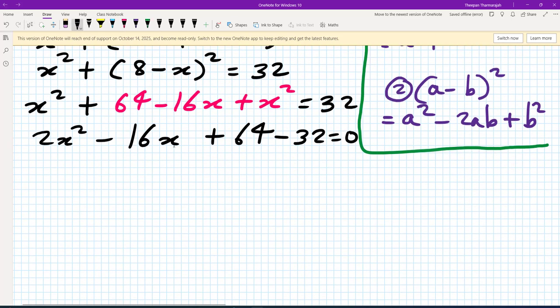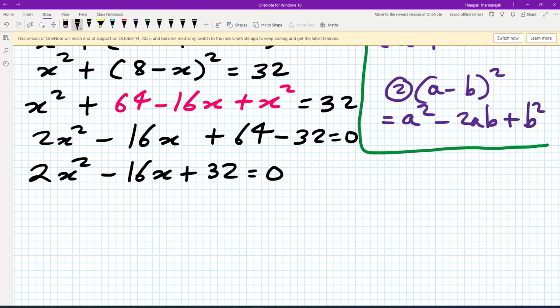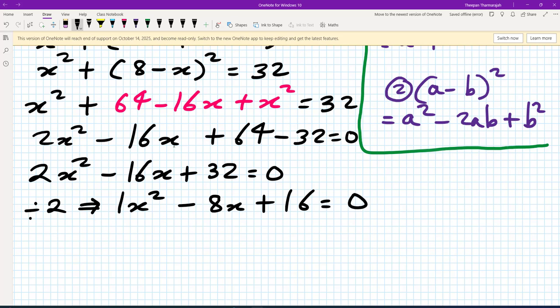So now we're going to get 2x squared minus 16x plus 32 equals 0. Now we can divide throughout by 2. This implies we get x squared minus 8x plus 16 equals 0. So a is 1, b is minus 8, c is 16.